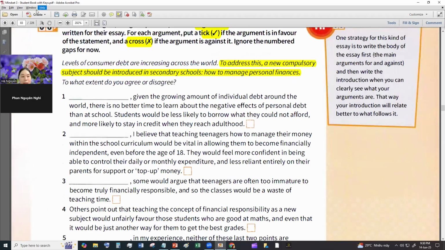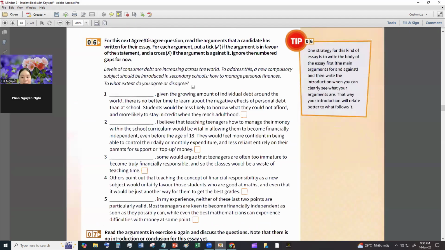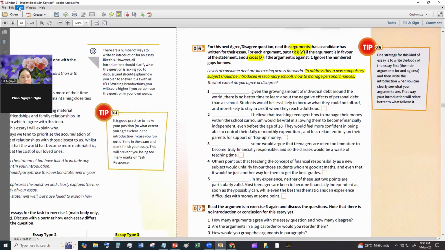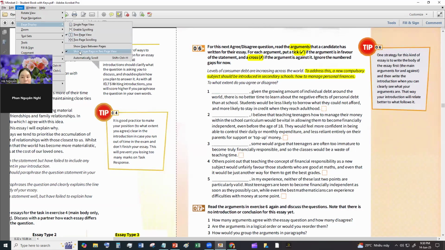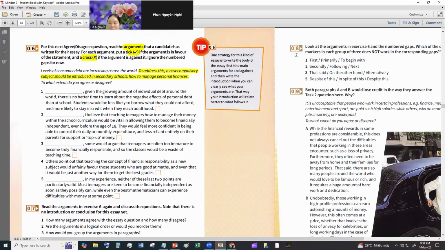So now we have this essay. And we have 1, 2, 3, and 5. Okay, now I'd like you to look at exercise 8. Look at the arguments in exercise 6 and which of the discourse markers in this group of 3 does not go into the gap.